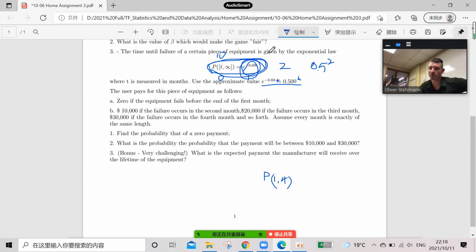But what does that mean? That means the probability this equipment fails after month 10 is pretty low. So it will probably fail before the 10th month. Exactly. So that's how you analyze this problem.